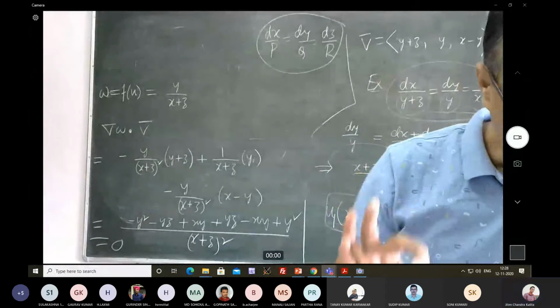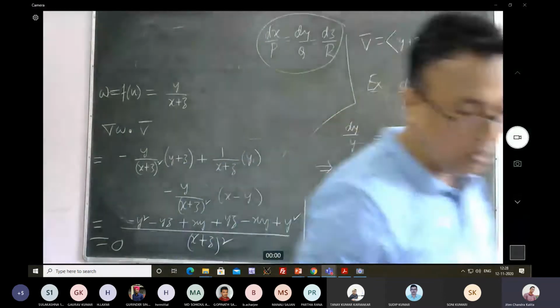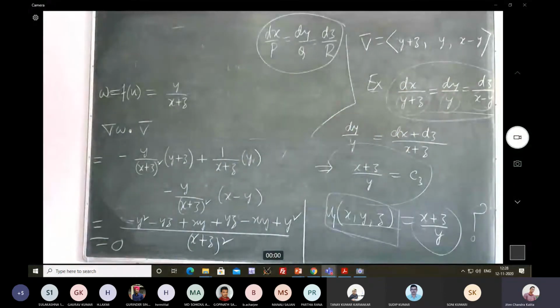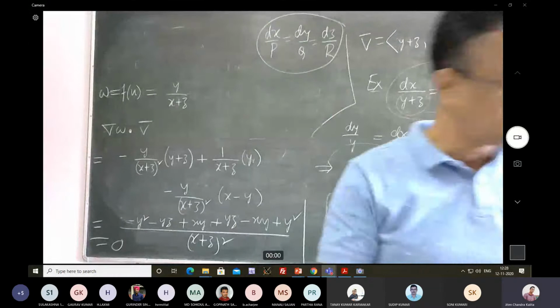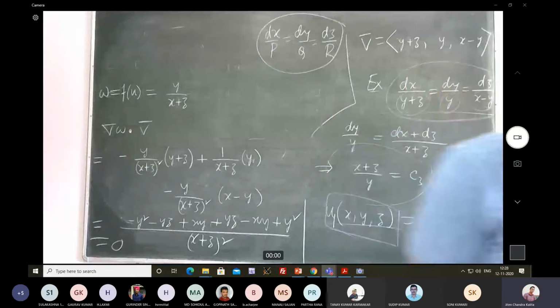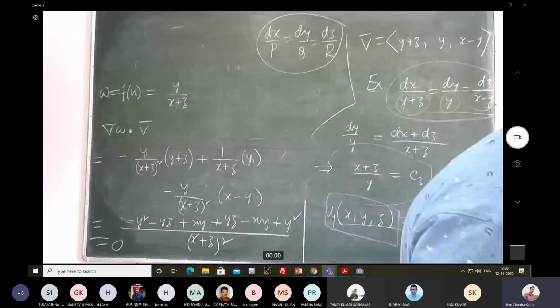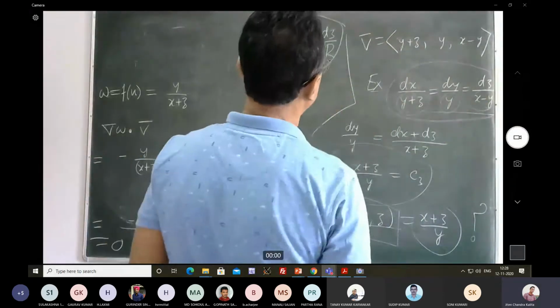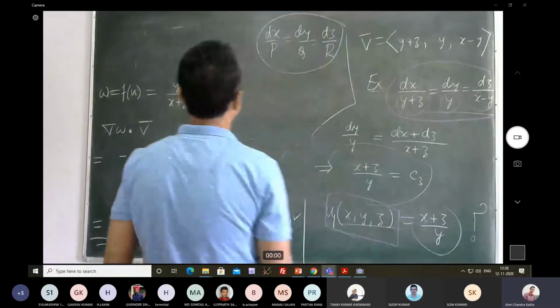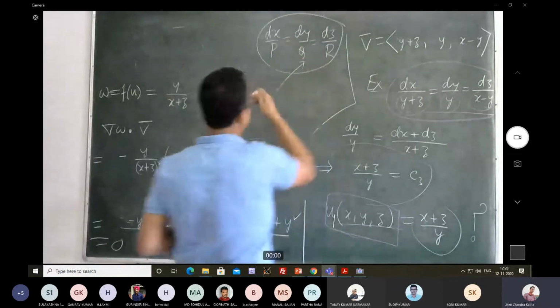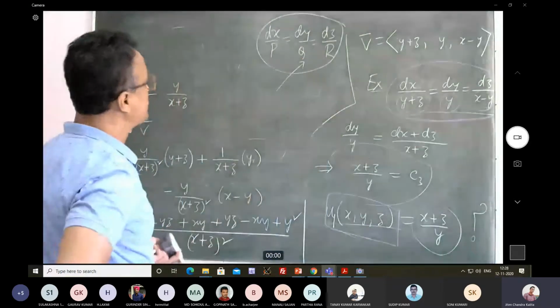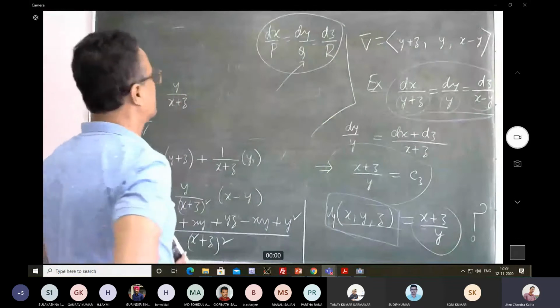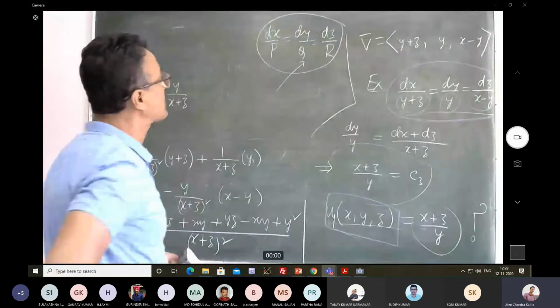So what I would suggest is you try to work out the examples from this book, Thor book. There are many. So basically, whenever you are given an equation like this, say suppose you are told to find the integral curve from that system of equations.